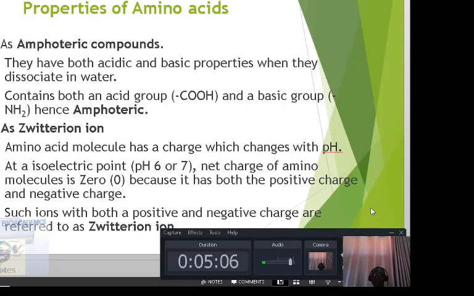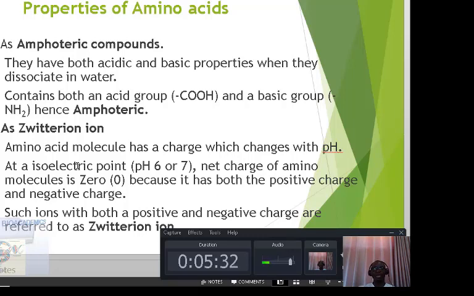And this comes about because of the fact that the pH of an amino acid basically depends on its environment. So in some cases, you notice that the amino acid tends to have a positive charge, sometimes it tends to have a negative charge. And this happens in order to balance the pH of its environment.